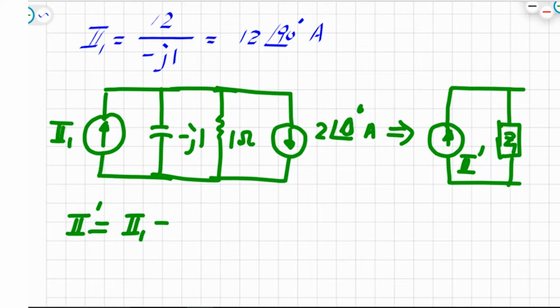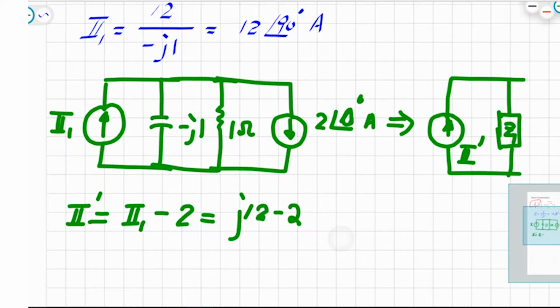So that's minus the second current source, that is minus 2, which is 12J minus 2. That's I prime.